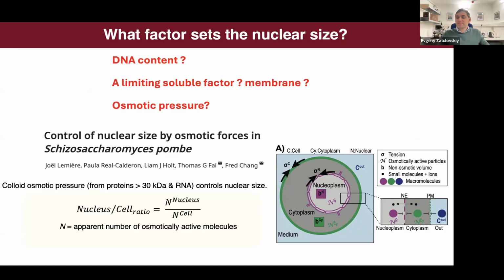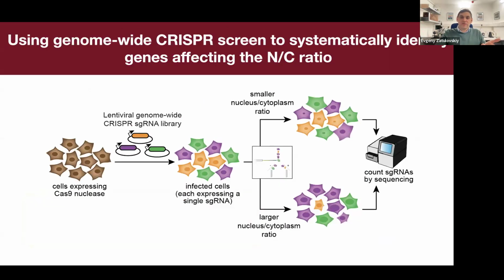So there are many possible models there. And to systematically identify factors that control nuclear to cytoplasmic volume, we decided to perform this high-throughput genome-wide CRISPR screen to systematically identify genes that affect the NC ratio.